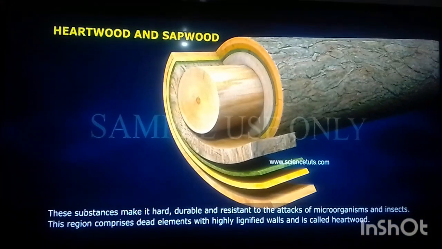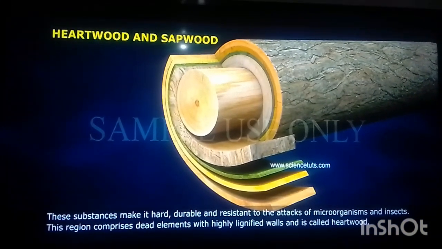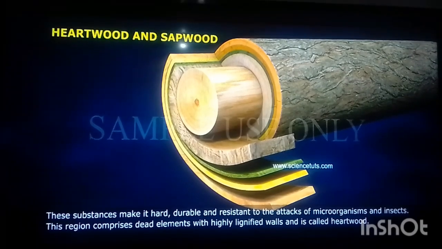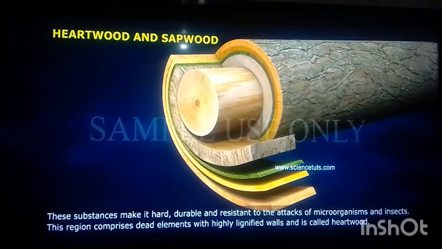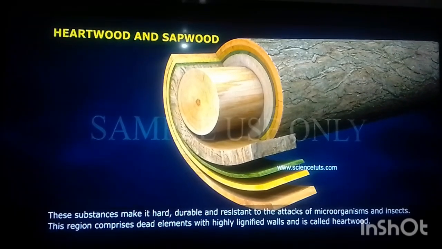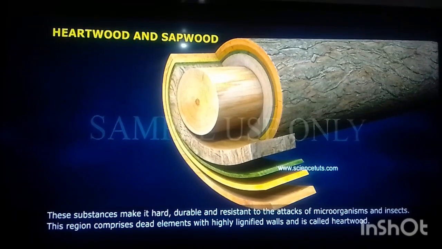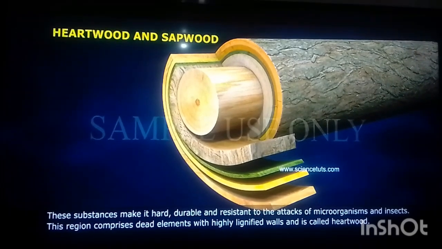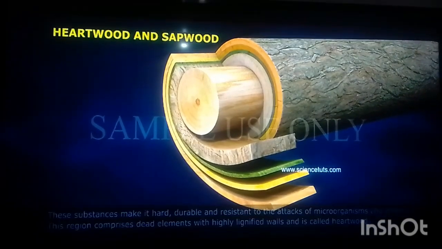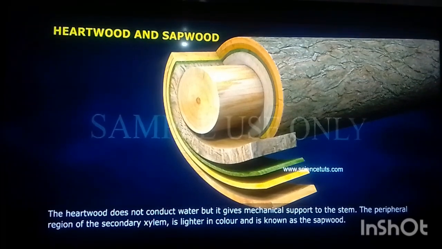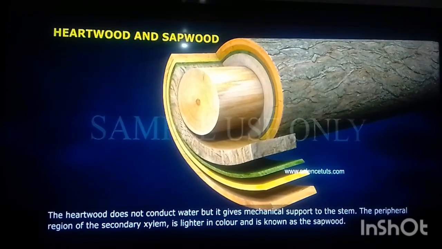These substances make it hard, durable, and resistant to the attacks of microorganisms and insects. This region comprises dead elements with highly lignified walls and is called heartwood. The heartwood does not conduct water, but it gives mechanical support to the stem.